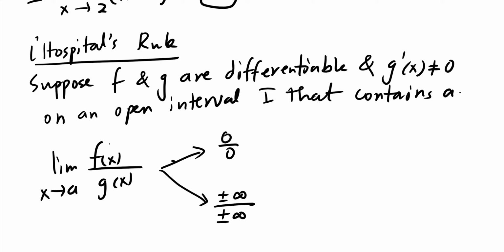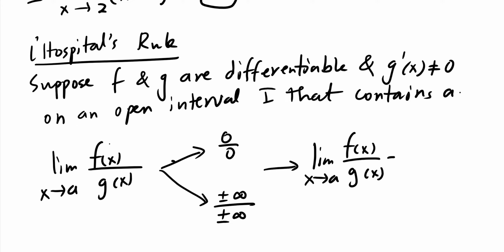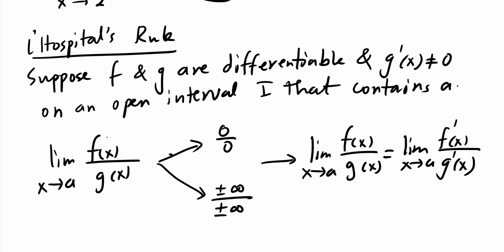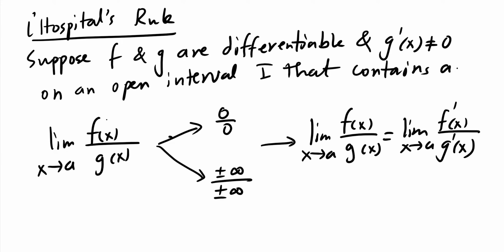Then L'Hopital said this limit that we are trying to find can be found by finding the limit as x approaches a of the derivative of the top over the derivative of the bottom. Not the quotient rule. Just differentiate the top and the bottom, and then find the limit.